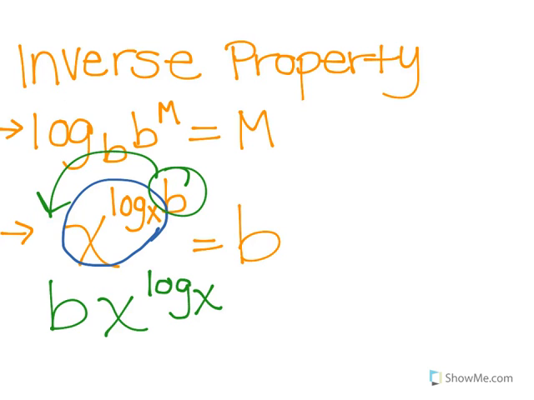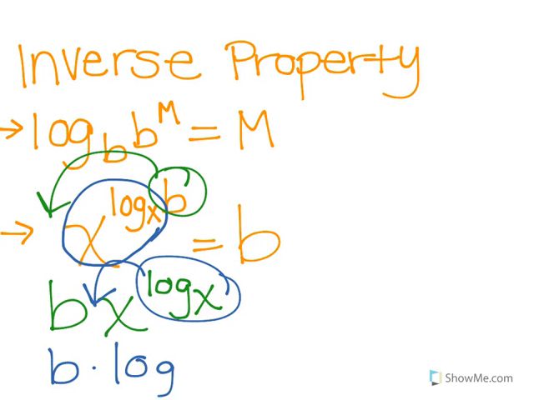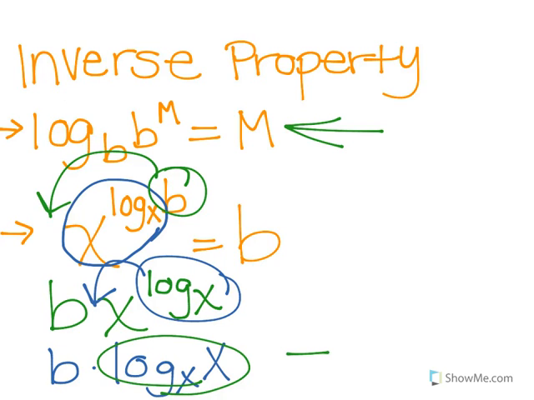Now if we fly this exponent down in front, we can put it right in front, so we would say b times log base x of x, which we know from the first part is 1, so that's why our final answer is strictly b.